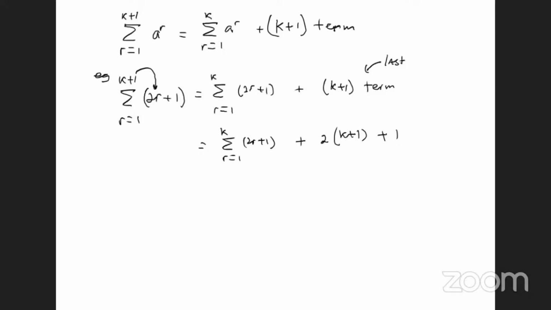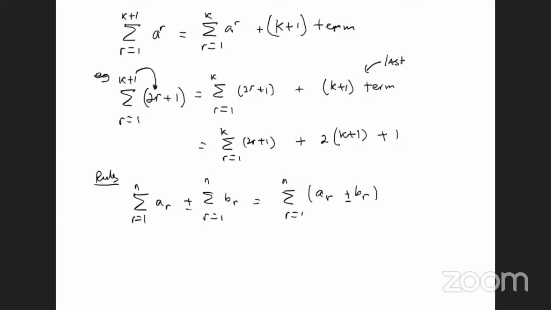Right? There are some other rules that we need to learn. You won't use them right now, but you need to know the rules. If you were to sum R going from 1 to N of A to the R plus the summation of R going from 1 to N of B to the R, that is the same as you sum R going from 1 to N of A to the R plus B to the R. Same thing with minus.